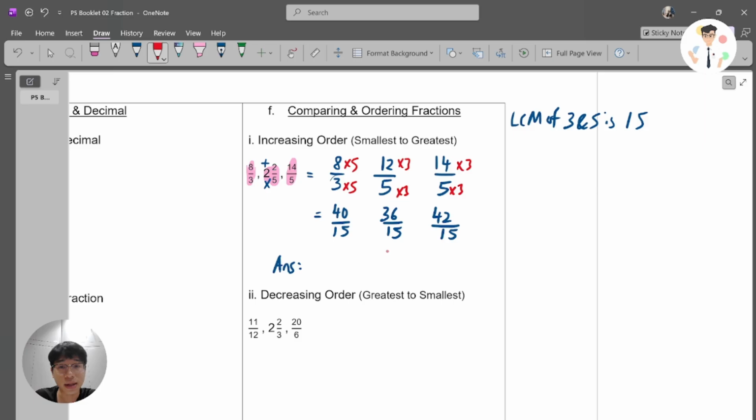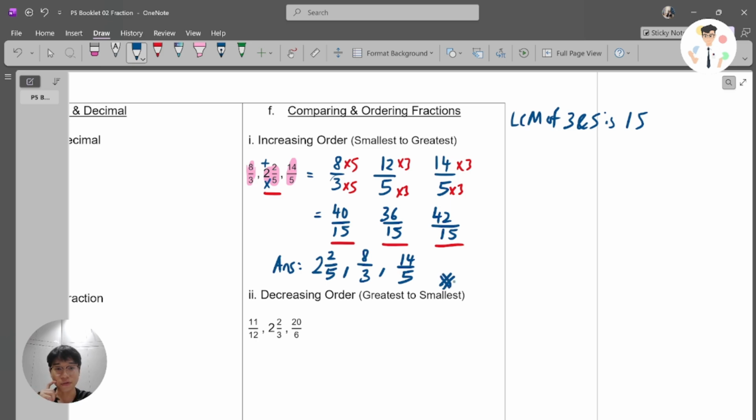So this will be the smallest, so let's write 2 over 5. Next, this will be the second one, so we write 8 out of 3. And the last one will be this one, so we write 14 out of 5. And that will be our final answer.